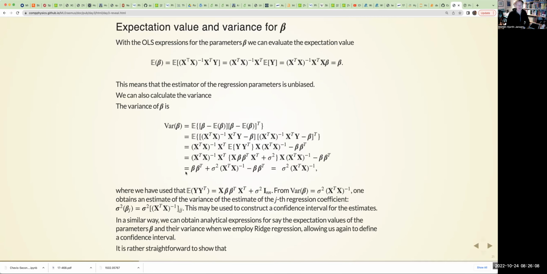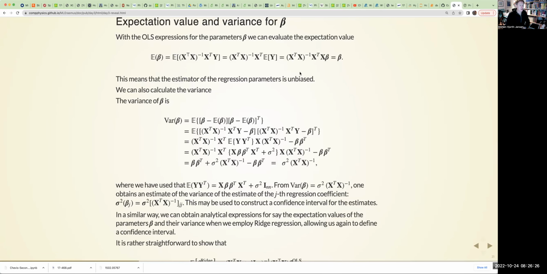So when we do this, we can also calculate the expectation value of the parameters beta. If we take ordinary least squares, we find that this beta is just equal to its own value. So we normally say that the parameter is unbiased.